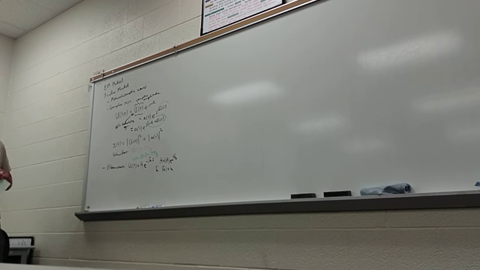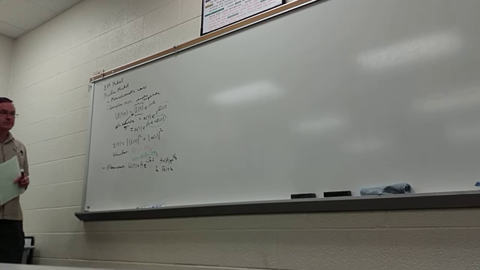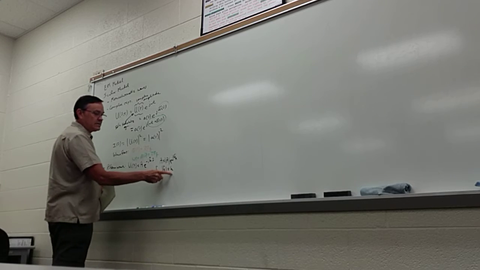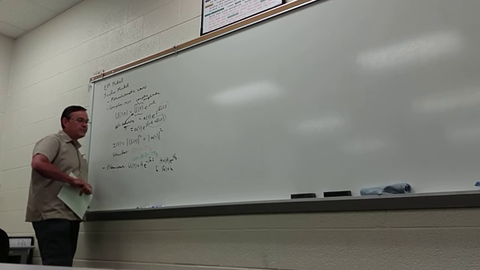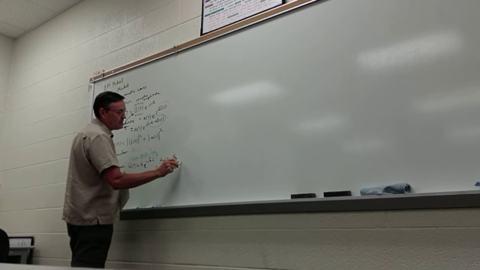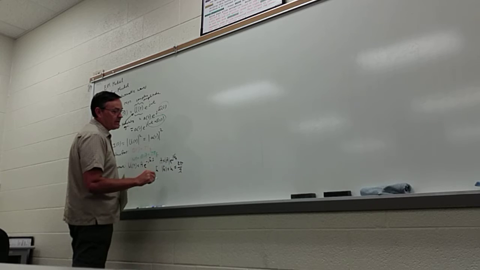And the wave vector represents what? Direction of propagation. So a vector always has two pieces of information, direction and magnitude. So the direction is direction of propagation. Magnitude of this is the wave number. Wave number is 2 pi over the wavelength.